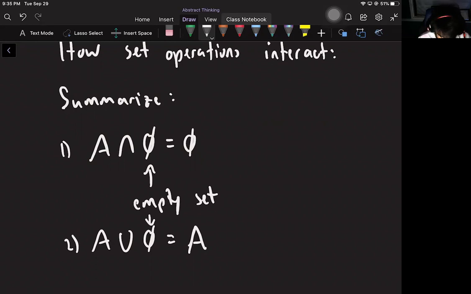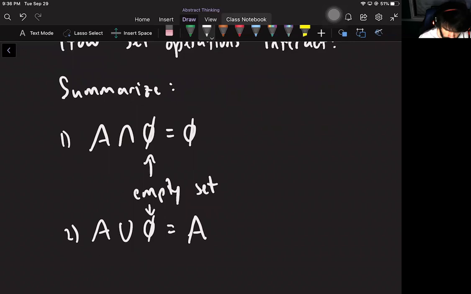On the other hand, if I add to A nothing, it's going to stay the same. And so what this tells us is the empty set acts like zero, and intersection acts like multiplication. So if you do 5 times 0, you get 0. And then union acts like addition because it looks like you're doing A plus nothing equals A.